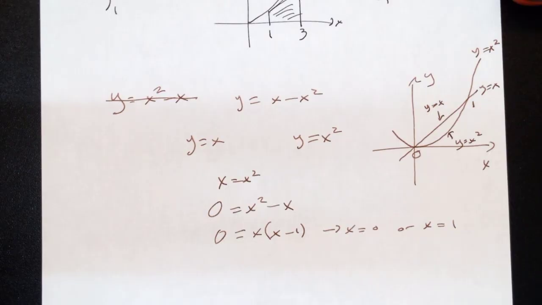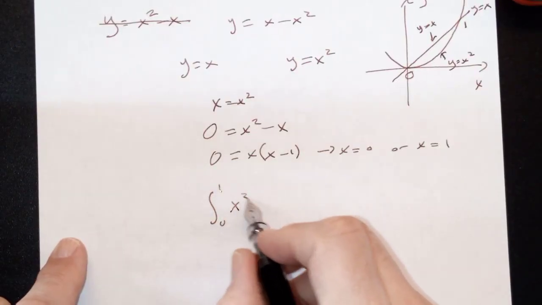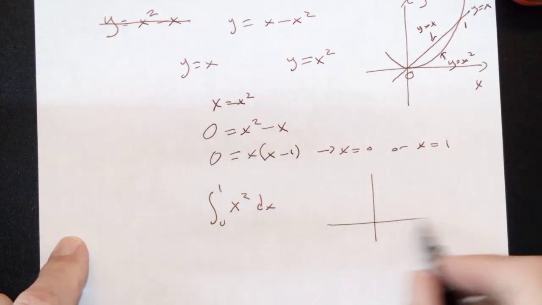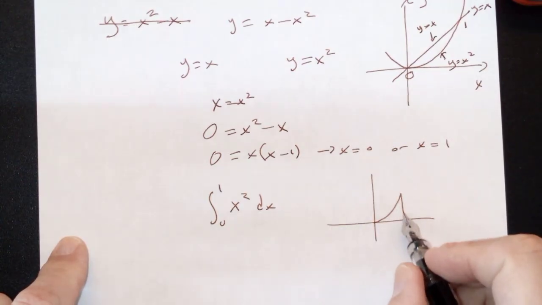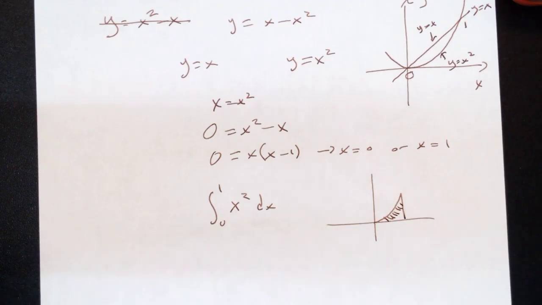If I do the integral from 0 to 1 of x squared, that would give me the stuff that's under the parabola above the x-axis. Right?